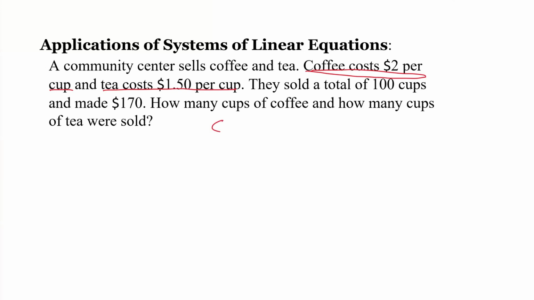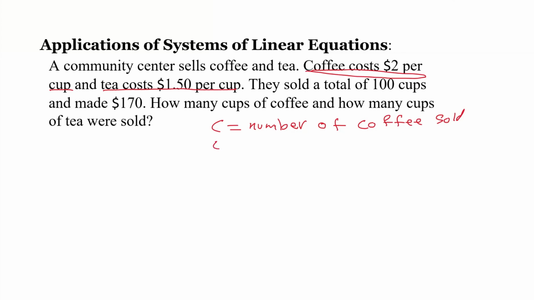So let's say C equals the number of coffee sold. If you want to find the dollar amount, you have to multiply C by 2. So if it's 10 coffee, you multiply 10 by 2, right?